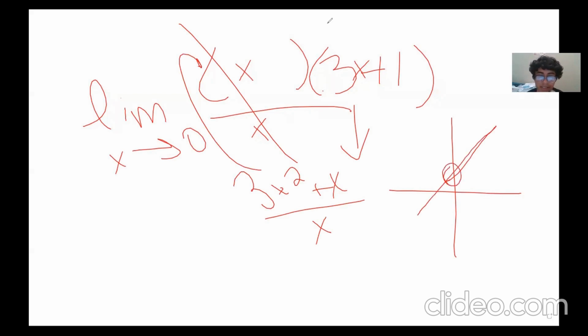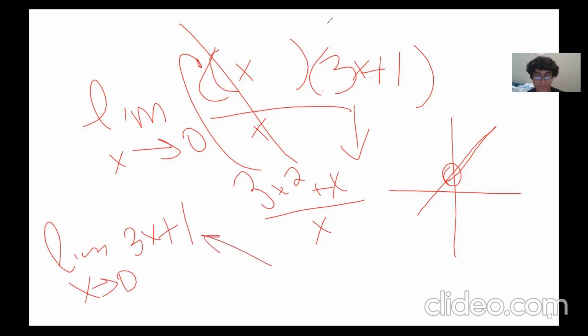And so this little place where it goes 0 over 0, you can divide it out perfectly. Remember, this is a hole. And if you now solve the limit statement without the discontinuity, this is a continuous line.